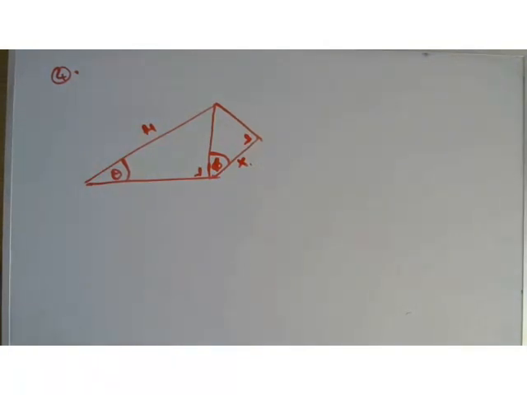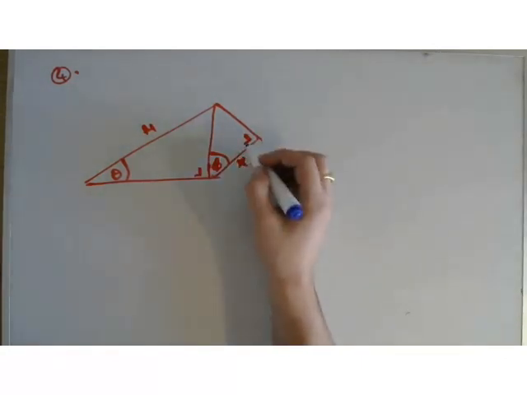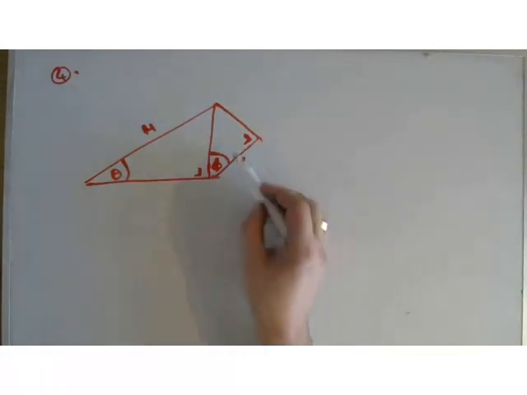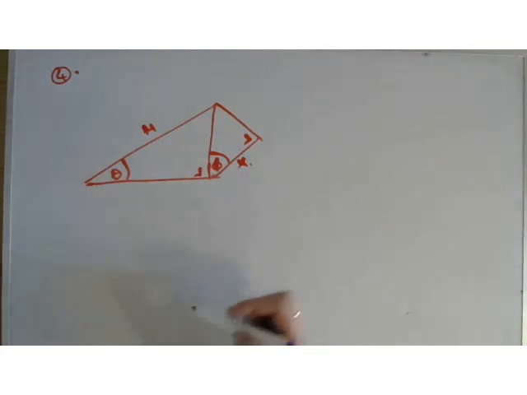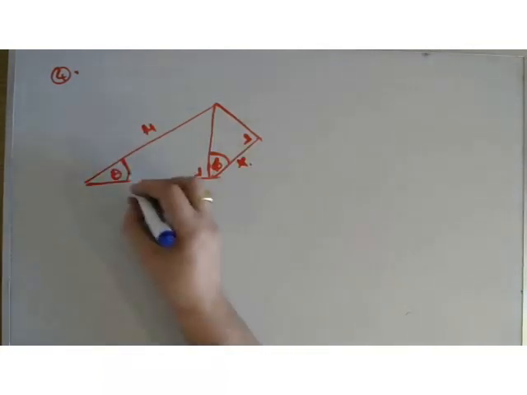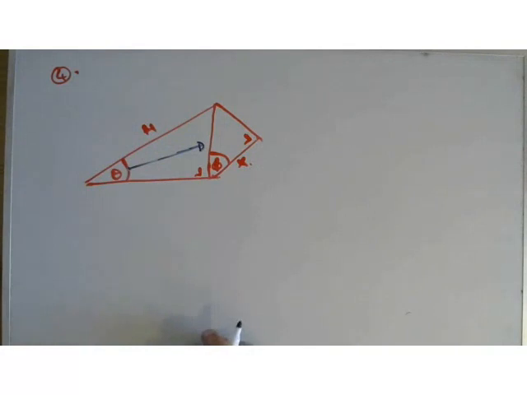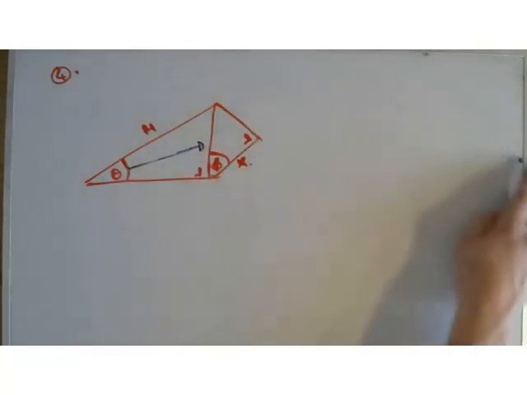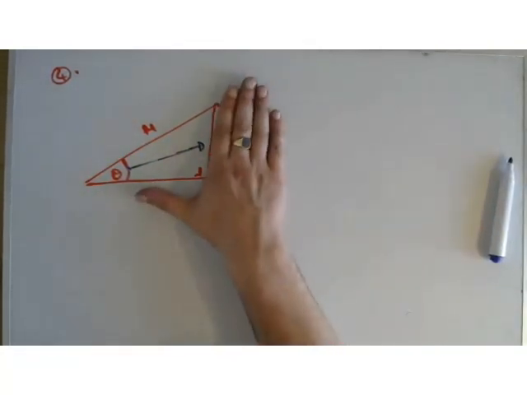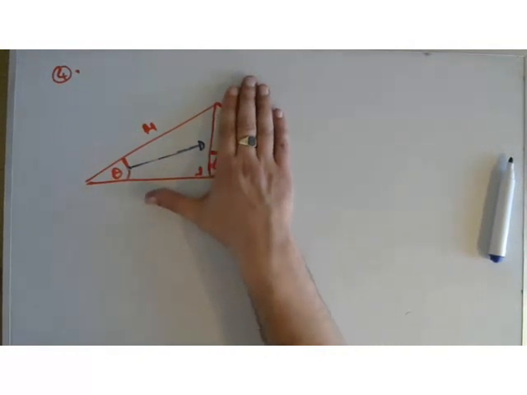Now, what they want me to do here is this. I've got 2 bits of information about both of these triangles, but I'm going to try to mix them together. So I'm going to take this side here and that side there. If I take that triangle completely away for the moment, that side there is going to be h sine theta.